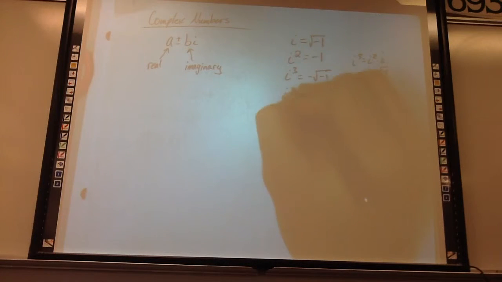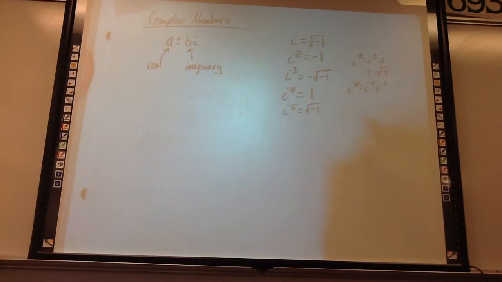So then what would i to the fourth be? Isn't i to the fourth the same as i squared times i squared? Which is -1 times -1, which is 1. i to the fifth? Positive square root of -1. Yep.